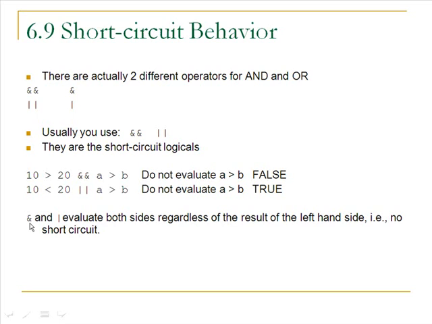If you use these single keystroke operators, the single ampersand and single vertical bar, then both sides will be evaluated without short-circuiting. So that's the difference between the double ampersand and the single ampersand. We don't have to evaluate the right-hand side using the double ampersand.